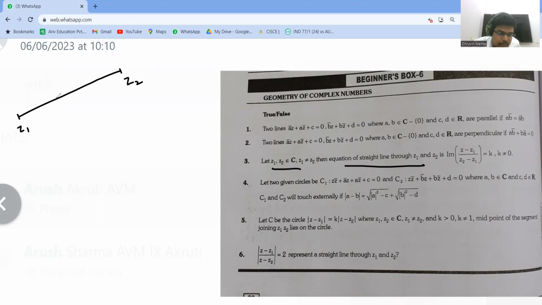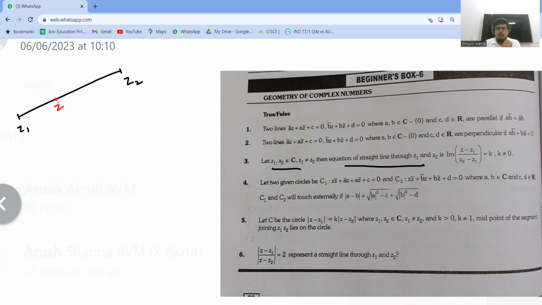For example, Z is this point. Now, do you realize that Z, Z1, Z2 are collinear points? So the angle between Z and Z1 and the angle between Z1 and Z2 has to be 0 degree.